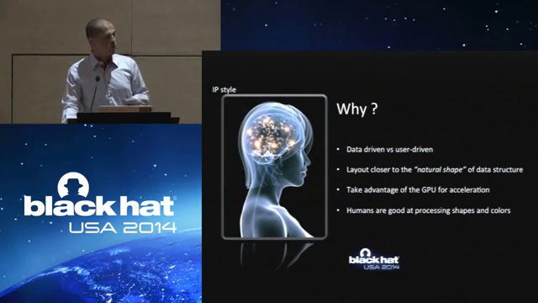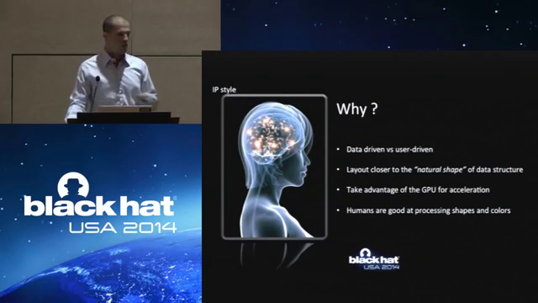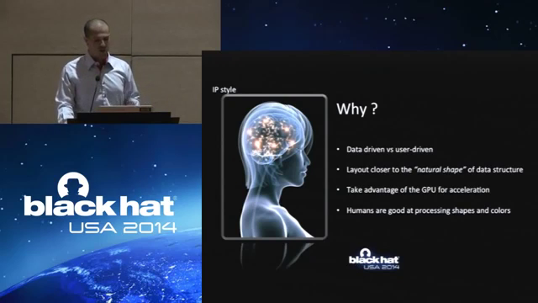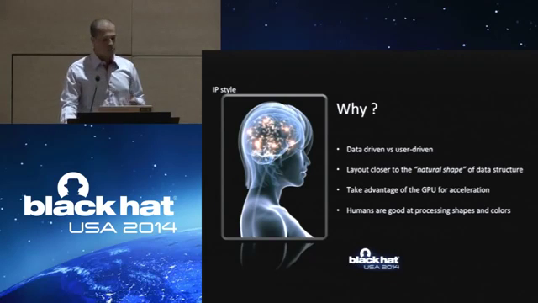Now, one very important point is, why do we do this? You're looking at the picture and you're like, okay, that's pretty cool, but why do we want to do that? The first point is that the layout is data-driven versus user-driven. As you can see, the layout depends on the forces, and the forces depend on the connections and the edges between the nodes. So the resulting layout is only going to depend on the data structure that you had originally.